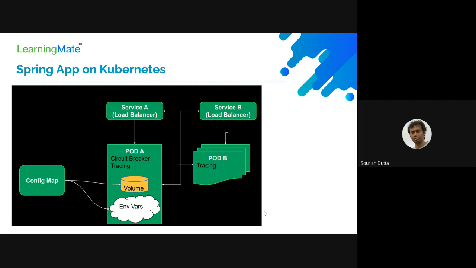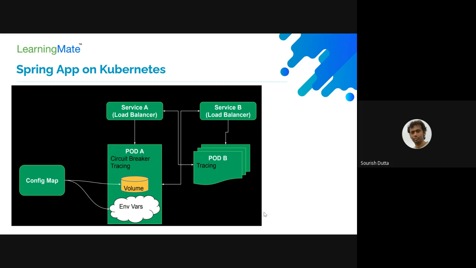Similarly, in Kubernetes, you have a config map, which can store the configuration in environment variables or in a volume. When the application starts, it reads the data from that particular volume. And there you can have the circuit breaker and tracing as part of your application.